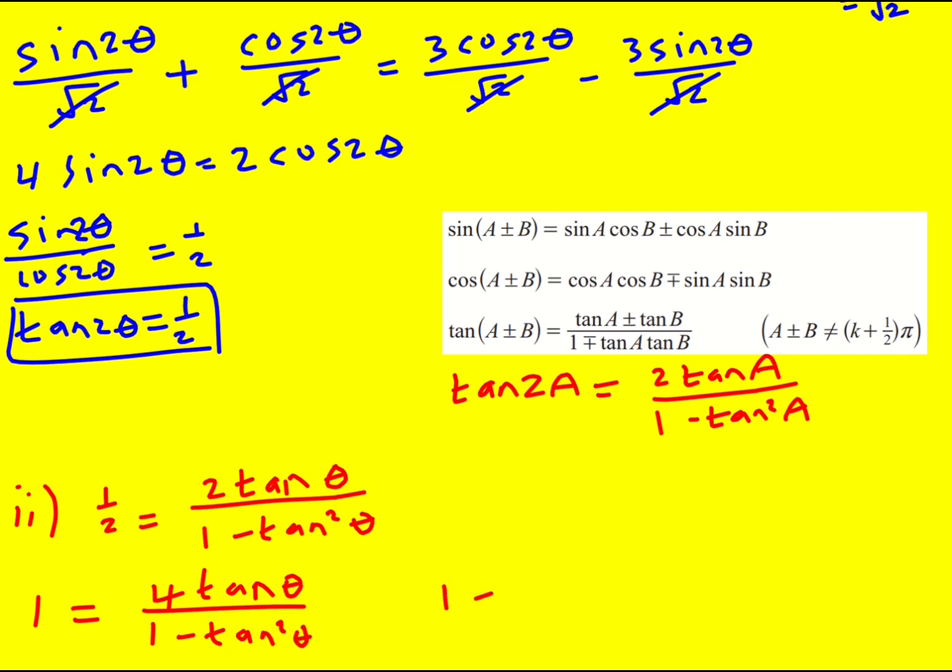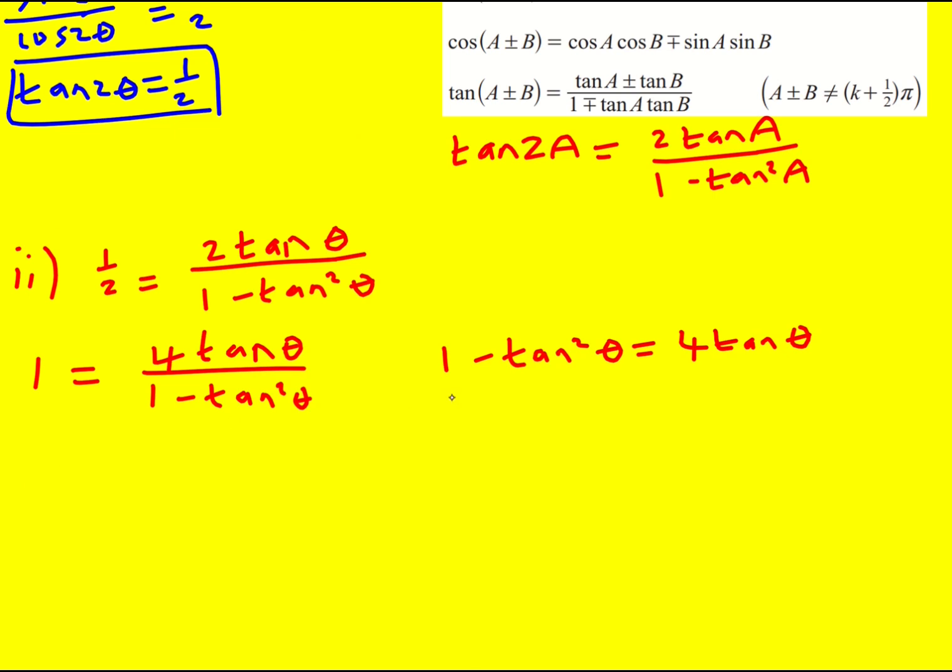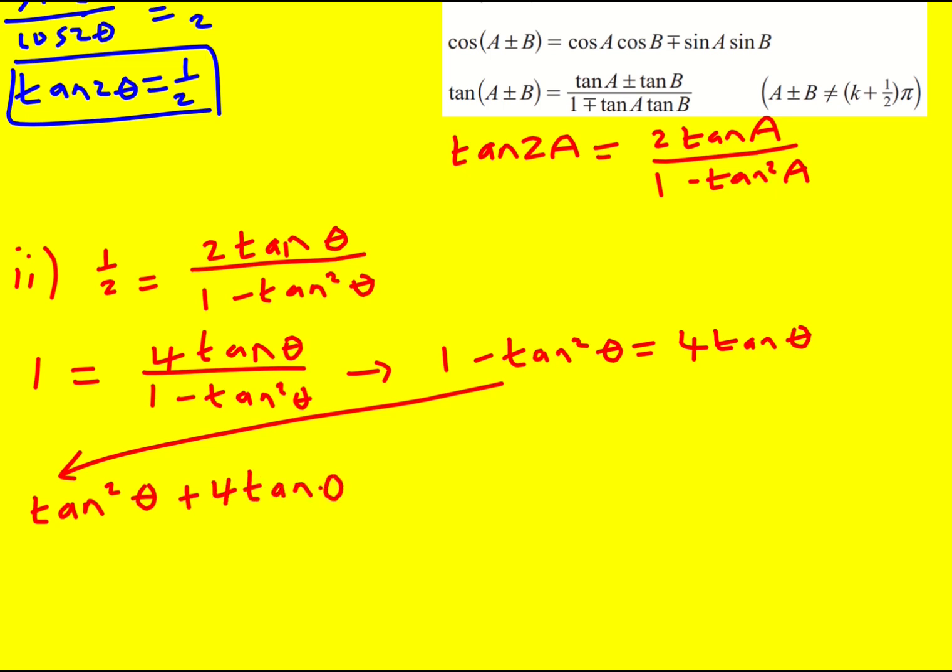And then 1 minus tan squared theta is going to equal 4 tan theta. Okay, we've got ourselves a quadratic in terms of tan. So tan squared theta plus 4 tan theta minus 1 is equal to 0.